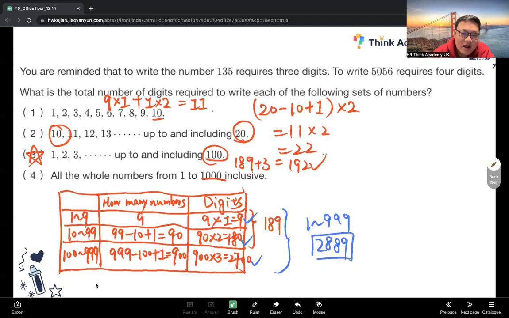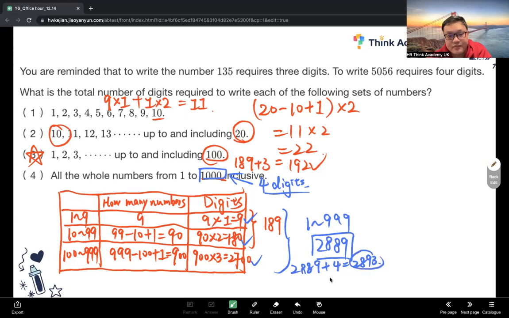And now, after that, you're going to go to count this 1,000. And for 1,000, you're going to use 4 digits to write this number, right? So the final answer then equals to 2,889 plus that 4 digits from 1,000, which gives you 2,893. That's it. That's the final answer.